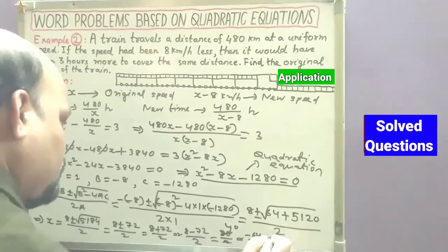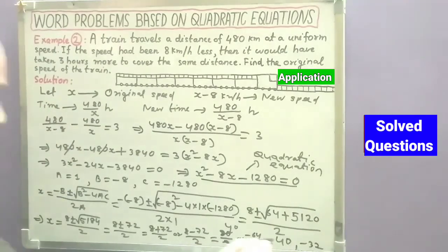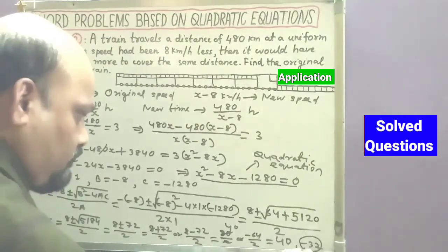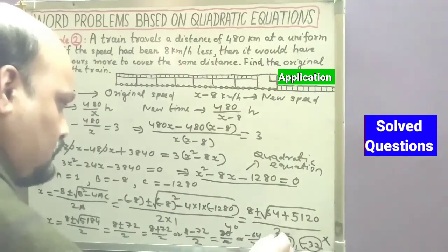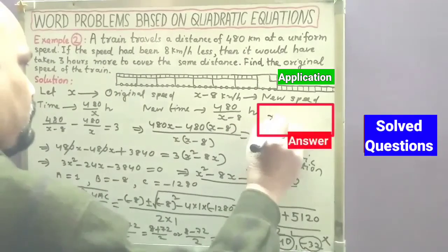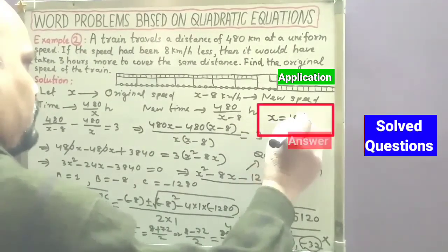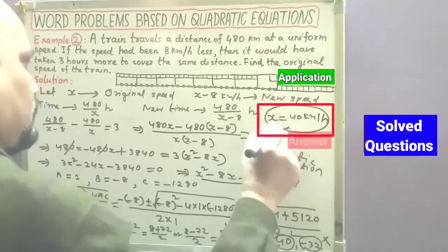So that equal to 40 or minus 32. Since the speed cannot be negative, minus 32 is neglected. That implies x equal to 40. So x equal to 40 km per hour is the usual speed of the train.